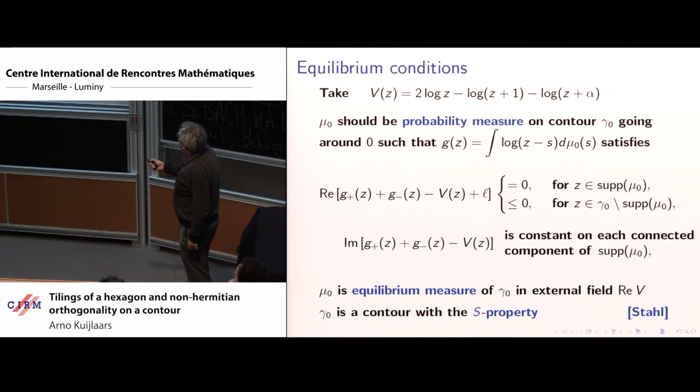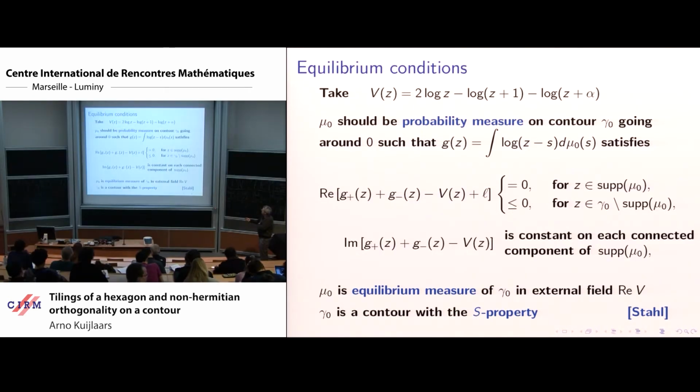He came up with this concept that in our case we have a varying weight situation, and there is a V that has this combination of logarithms. It comes from our weight function. We take a logarithm there and divide by minus n. This is what we have. And this G function should come from this measure, mu0, that we have to determine.